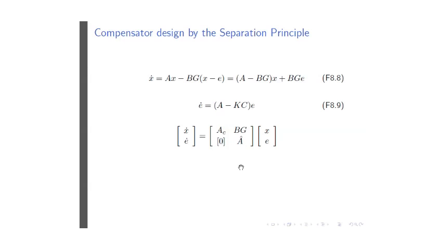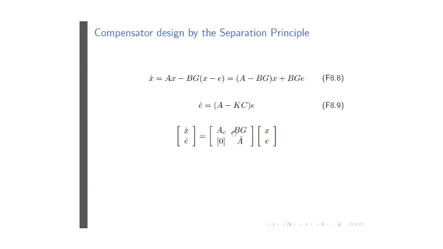Now, remember the question that we want to answer is, well, have we messed up all the nice properties that we've designed into the system? That question will be answered if we calculate the eigenvalues of our new A matrix, right? So that's what we need to do now. We need to calculate the eigenvalues of this matrix, which has two diagonal submatrices: AC, which is A minus BG, the old one that we've seen this morning in chapter 6, and A caret, which is A minus KC.